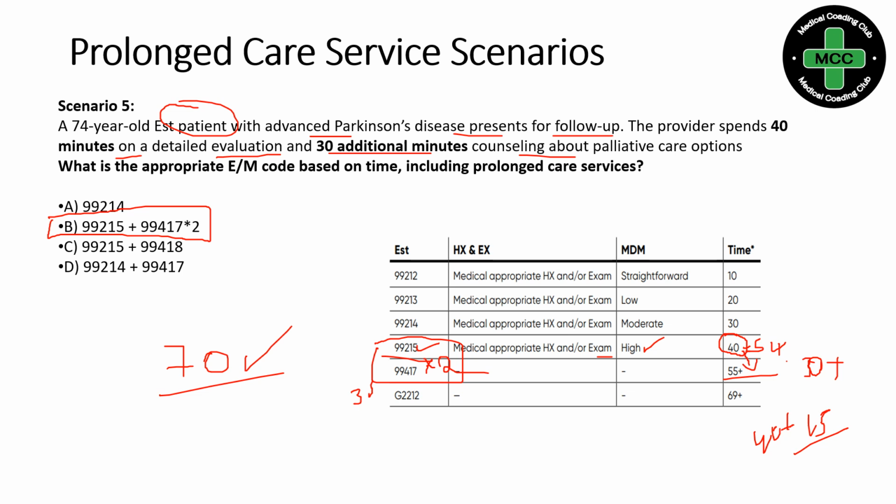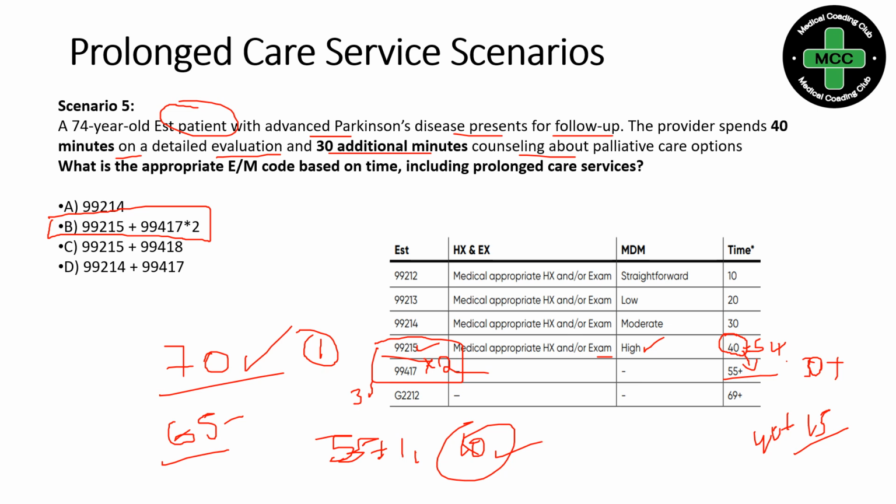Okay, say for example, in this same scenario, if the provider has spent 60 minutes or 65 minutes, okay, total time is 65 minutes, established patient. In this case, you are supposed to give only one additional unit. Okay, instead of 2 units, you would have given only 1 because you are not getting additional 15 minutes after 1 unit. Okay, so for 55 minutes, you will get 1 unit and left out is only 10 minutes.